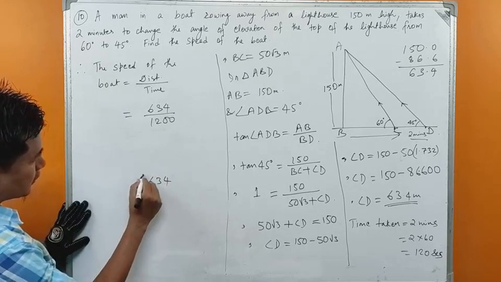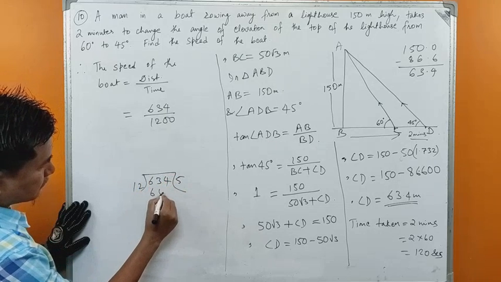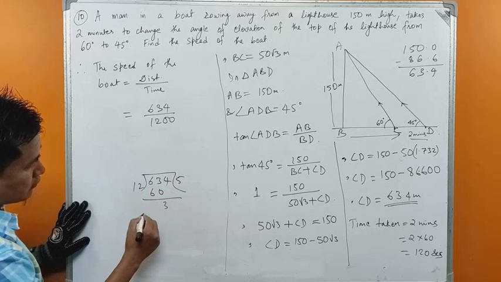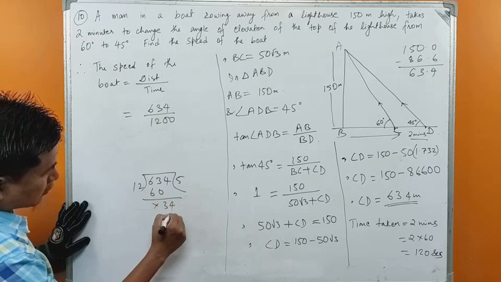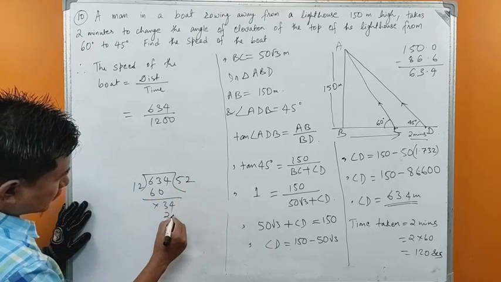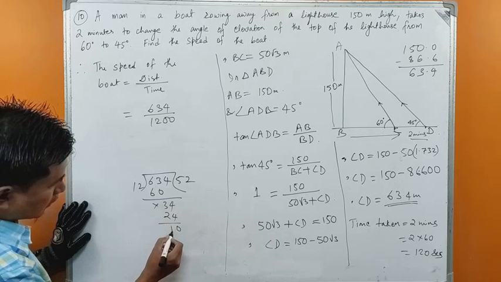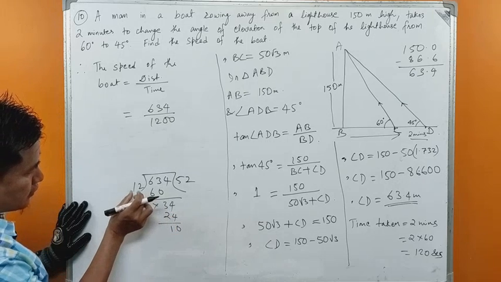634 divided by 12. So 12 5s are 60. 3 comes down, so this 4 comes down. 12 2s are 24, isn't it? So 4 minus 4 is 0. 3 minus 2 is 1. So 10 is smaller than 12.